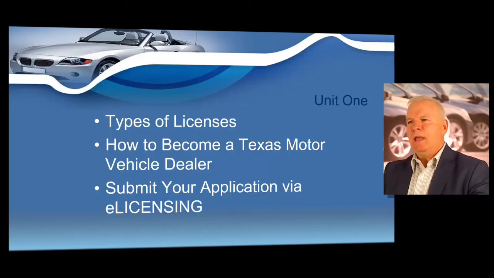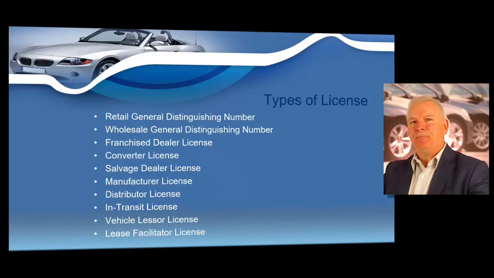Let's go ahead and get started here with Unit 1. In Unit 1, we're going to cover the types of licenses that are issued by the Texas Department of Motor Vehicles. I'm going to show you how to become a Texas motor vehicle dealer and also how to submit your dealer application via e-licensing. First, we're going to cover the types of licenses.